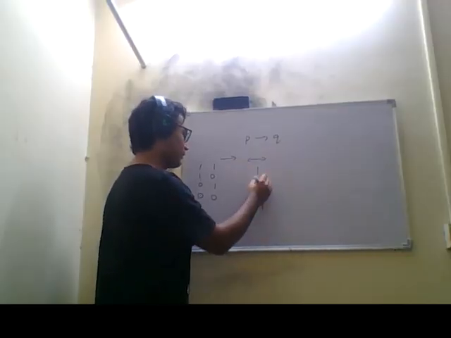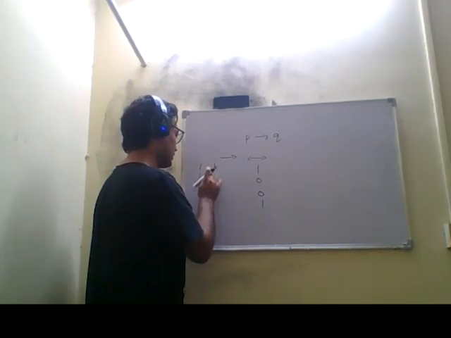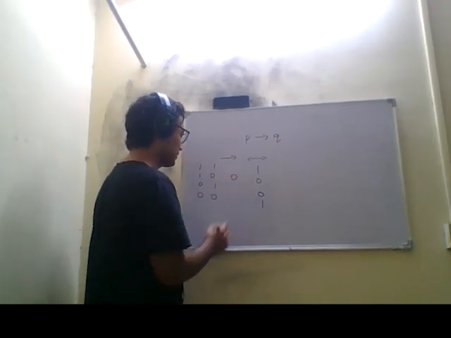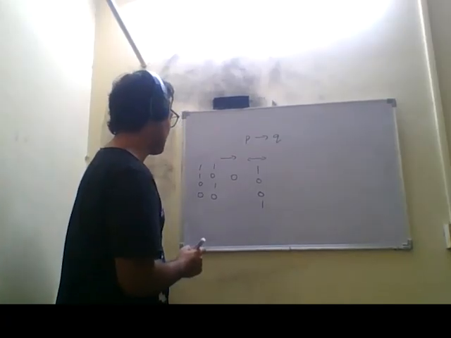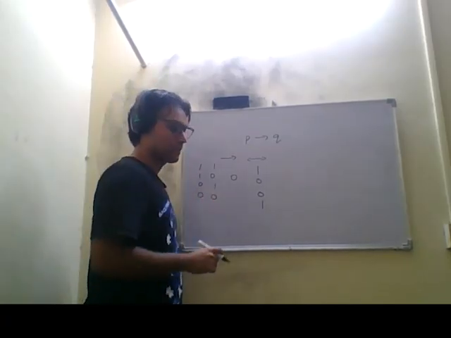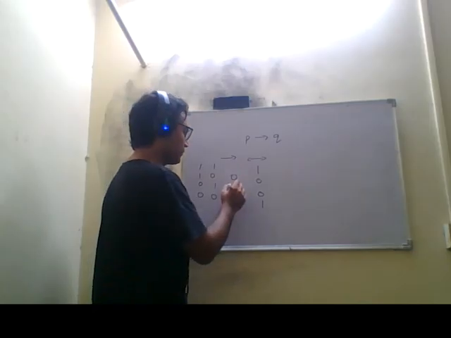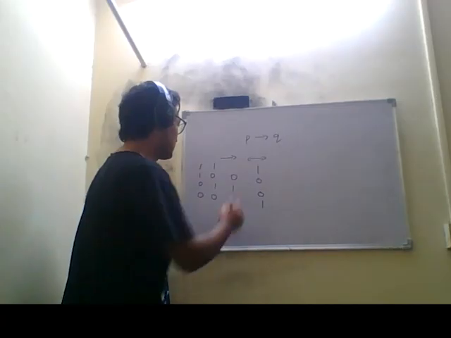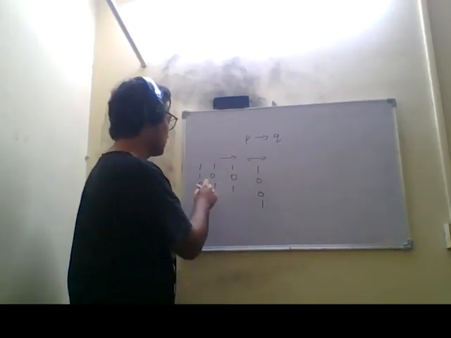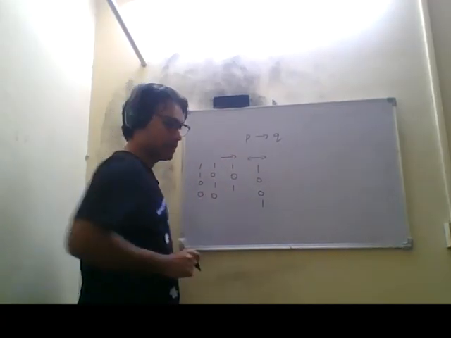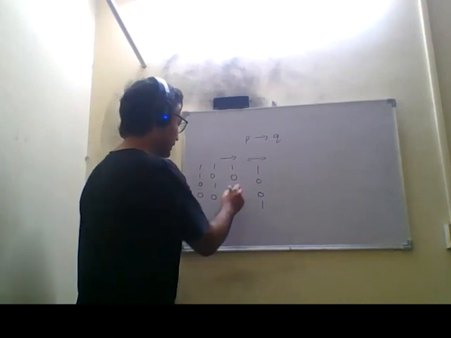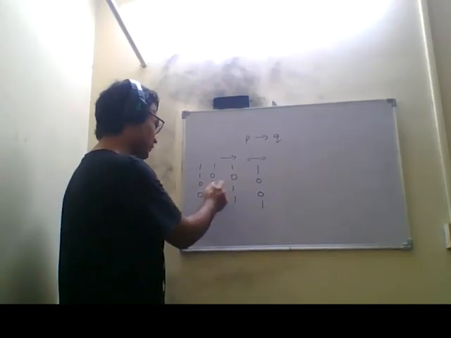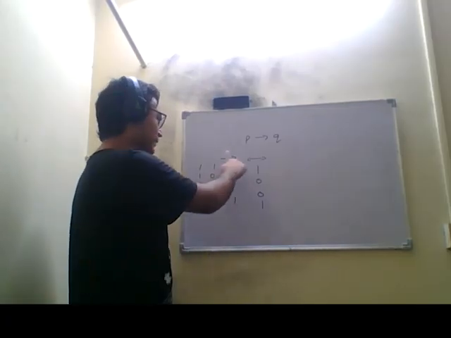True implies false is false, false implies true is true. And this is true. So this is where it's different, right? And this is the case of accuracy true, and essentially we have two truth tables.